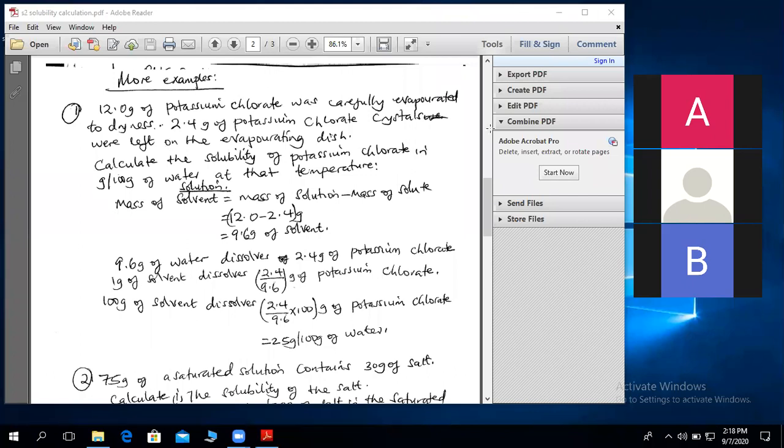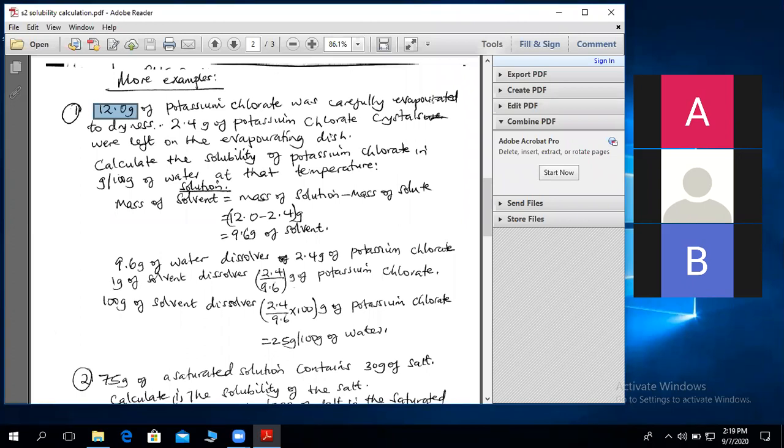What does this mean? 12 grams of potassium chlorate was carefully evaporated. Now, for it to be evaporated, it means to remove the water. So 12 grams of potassium chlorate was the mass of the solution. It was the mass of potassium chlorate crystals and water.